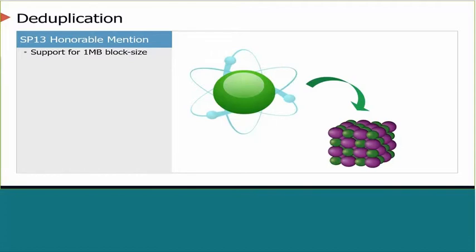Primarily it is going to be useful for the larger digital repositories like X-rays or some sort of media where there isn't a lot of redundant information on those compressed images or media files, for example. So there's no need to have a more granular deduplication effort when you're dealing with the larger files that aren't very redundant in the first place.